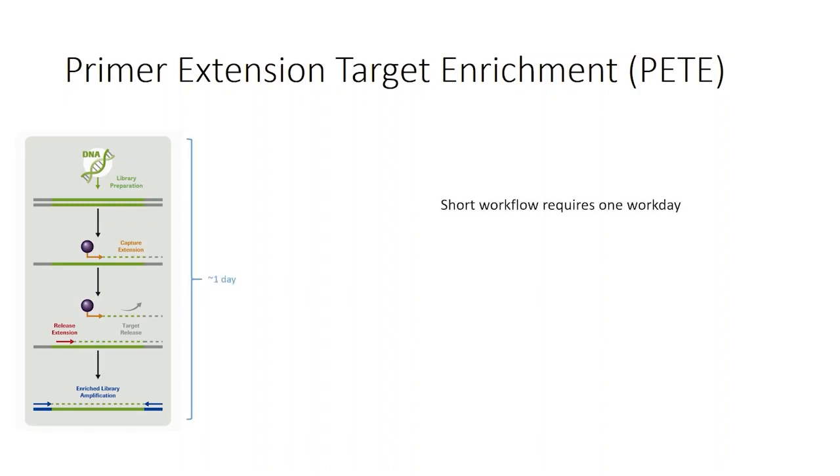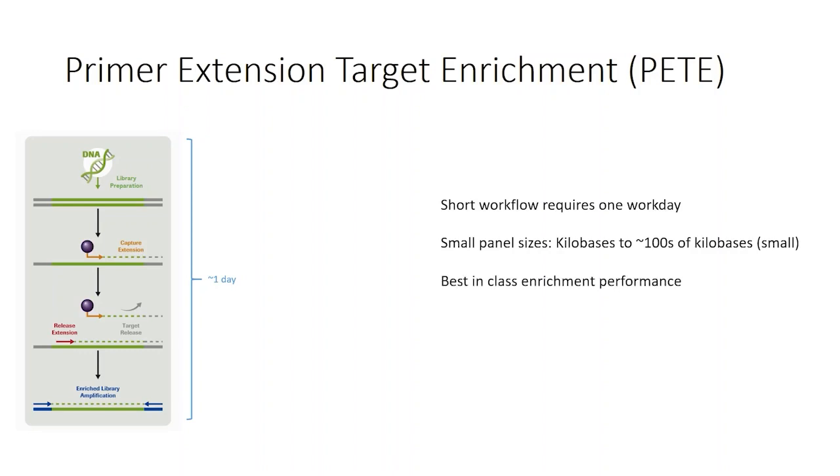This is about a one-day workflow, so it's a short workflow. It's faster than hybridization capture, not quite as fast as amplicon technologies. It also supports small panel sizes similar to amplicon, so kilobases to hundreds of kilobases. It offers best-in-class enrichment performance, very similar to hybridization capture.